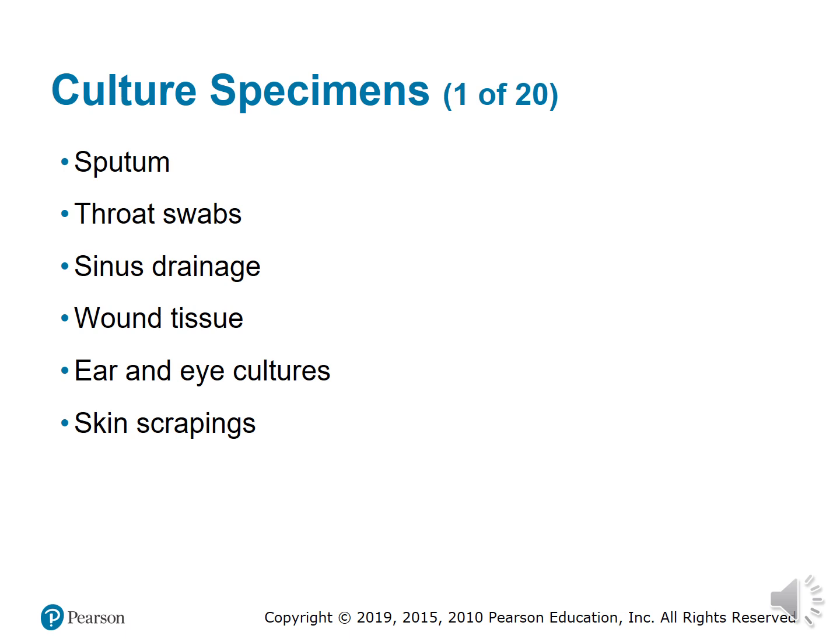We can collect sputum, which is a pus-like substance that comes up from your throat area, and we collect that in a sterile container. Another one we can do is throat swabs. Usually when we do throat swabs, we're looking for strep. If somebody has strep, we'll do a rapid strep.